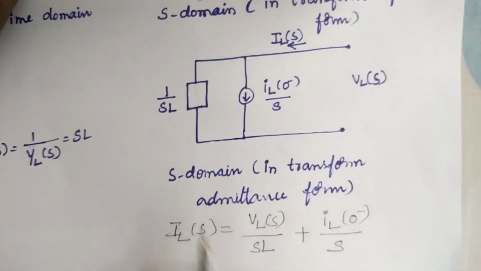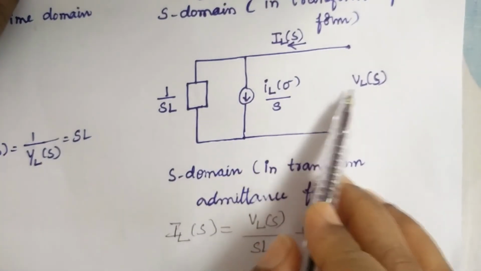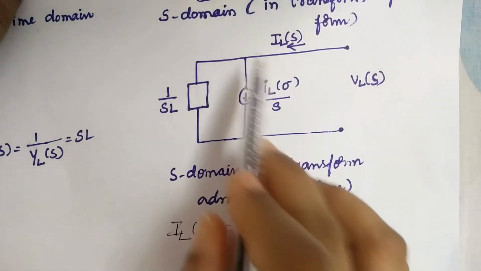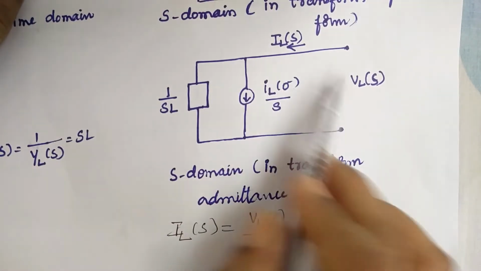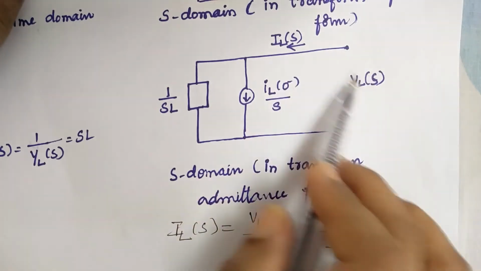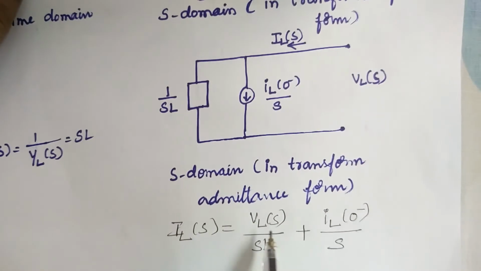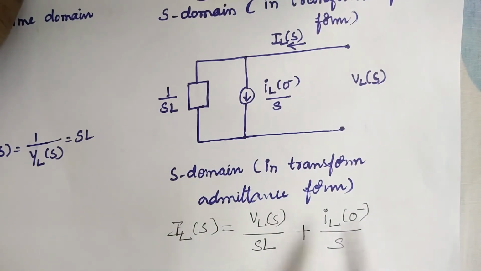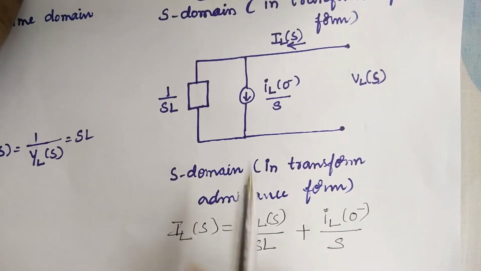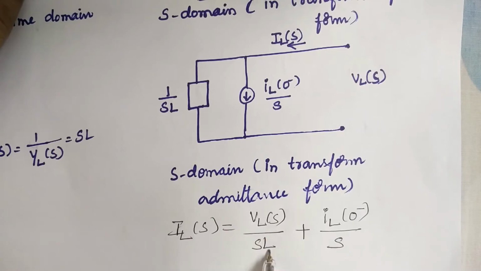So now let us see the circuit. You keep VL of S and IL of S as they are. By keeping these two terms as they are, how can the circuit be modified according to this equation? So IL of S is equal to VL of S by SL.